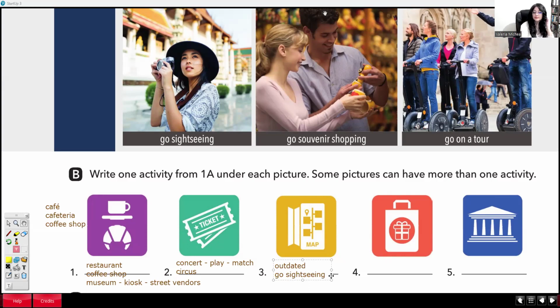Maybe we need a map also in a park or in a zoo, for example. In a park, because some parks are very big, and also in a zoo, because again, it's very big. So all those places which are very big, you are most likely to need a map, even though it's going to be on your phone, but still you need it.